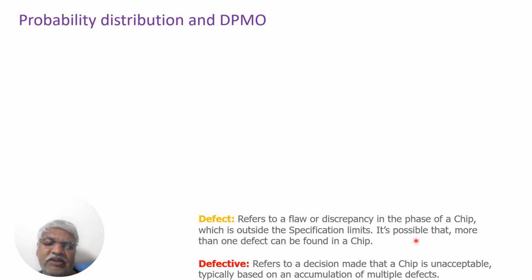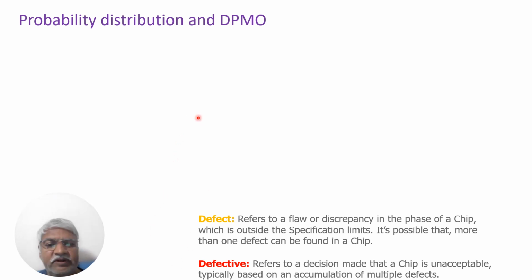A defect can exist in DRC, in an antenna, in CDC, or in hold. And defective refers to a decision made that a chip is unacceptable, typically based on the accumulation of multiple defects. There can be more than one defect in a chip.